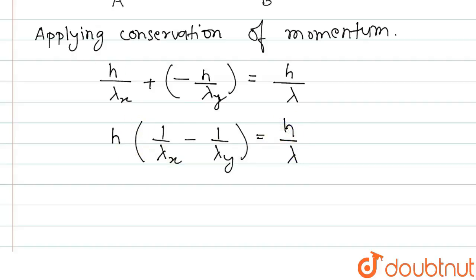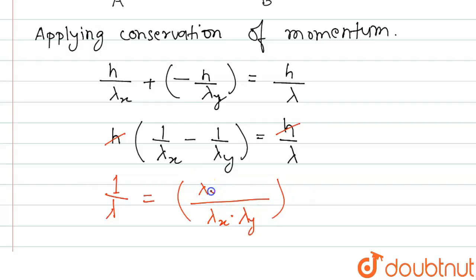Here h and h both are cancelled out, and if we solve for 1 by lambda, it will be equal to lambda y minus lambda x over lambda x into lambda y.